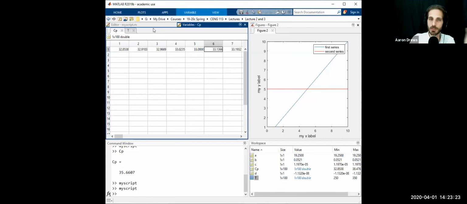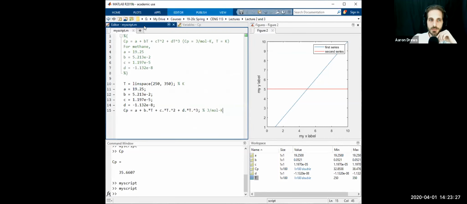That's the only way that I can plot something, if they have the same number of elements in their vectors. I can also double check in the workspace window and see that the heat capacity vector has 1 row and 100 columns. That's what 1x100 means. And the temperature vector is 1x100 in size, which is what we want.